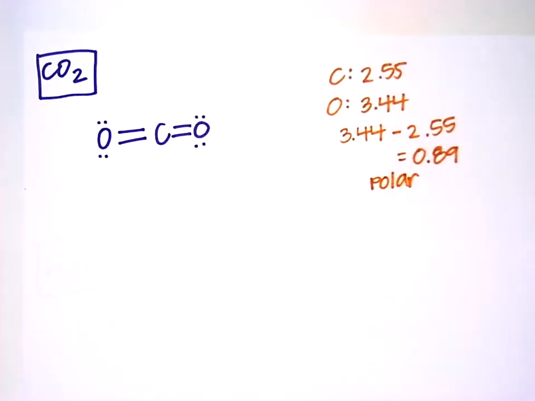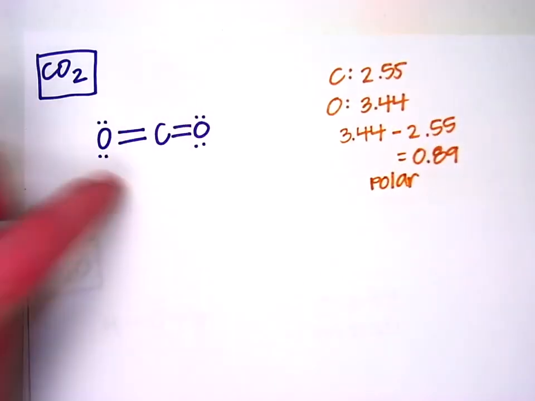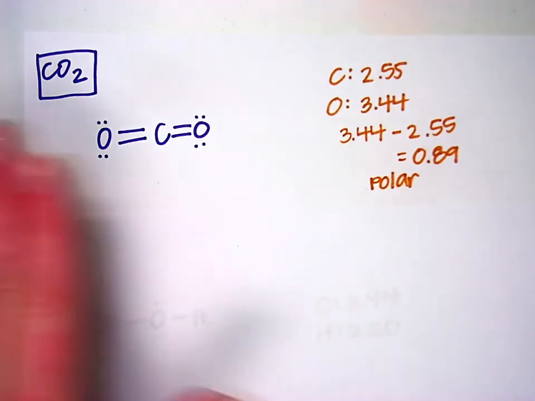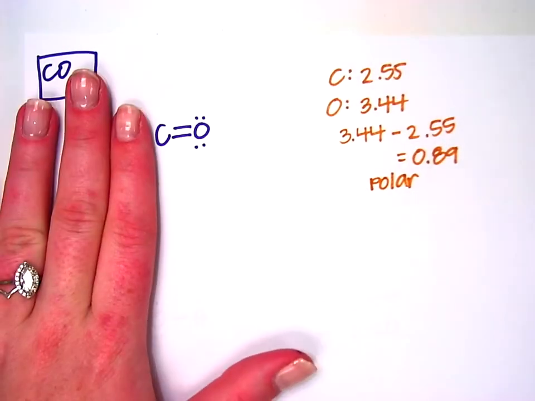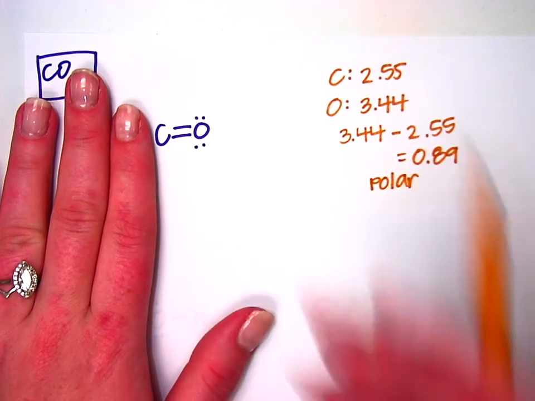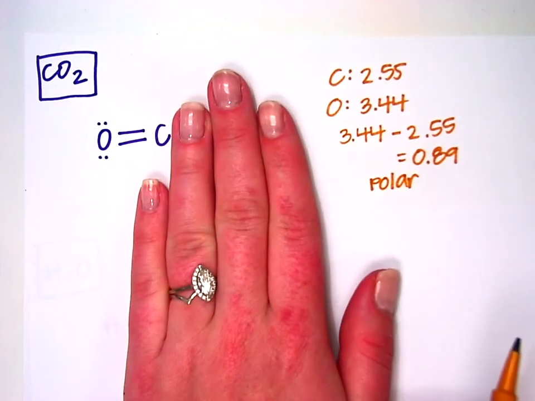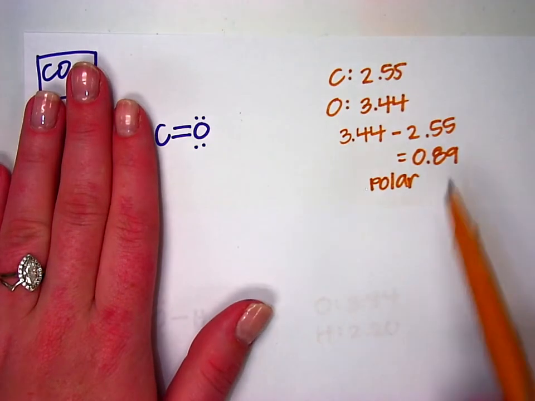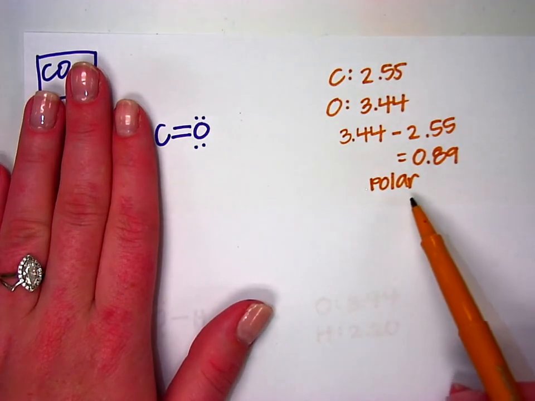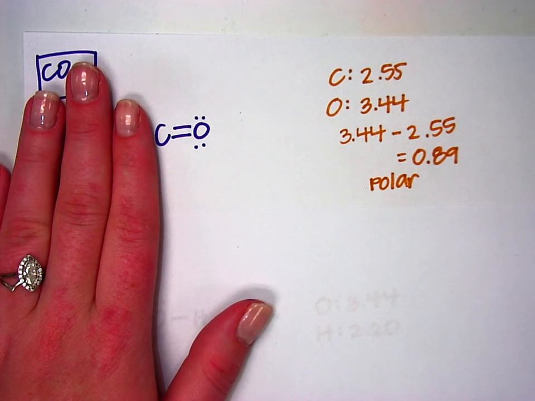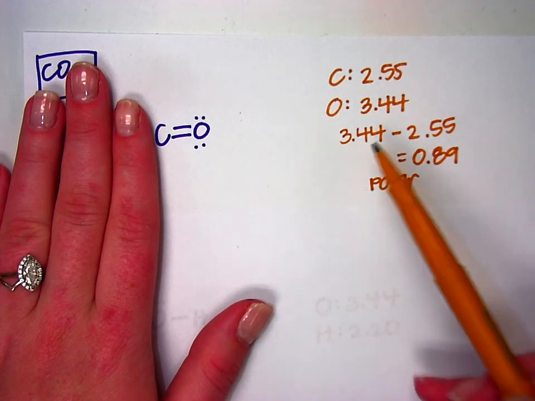And since it's polar, that means my molecule is going to get some electronegativity symbols. So the calculation was for the individual bond. So I'm going to cover up the bonds. This is one individual bond. This would be another. For this individual bond, we know it's polar. And I know that my electrons are going to move towards the more electronegative atom. In this case, it's the biggest number.